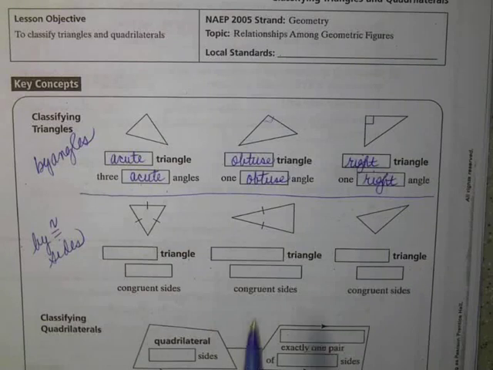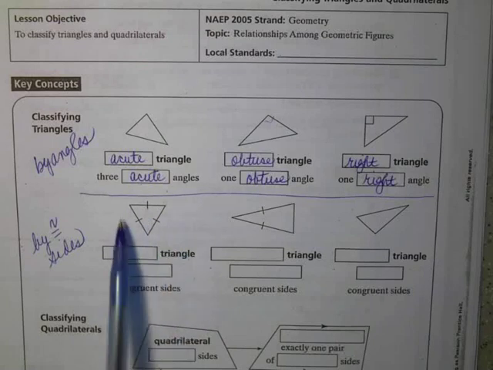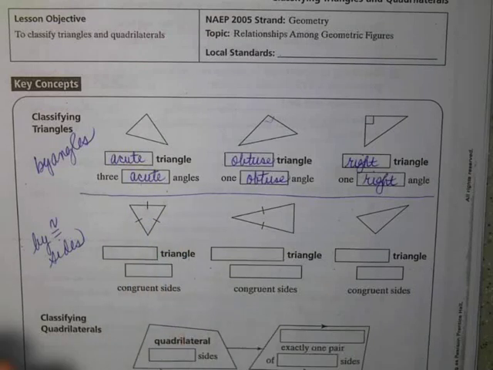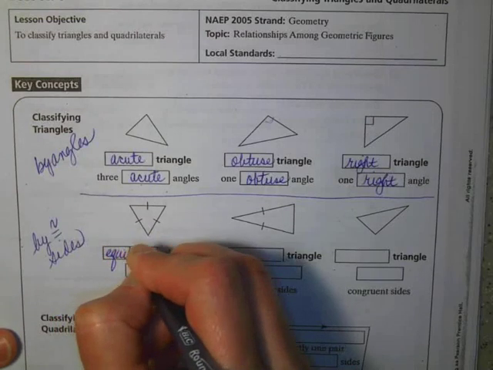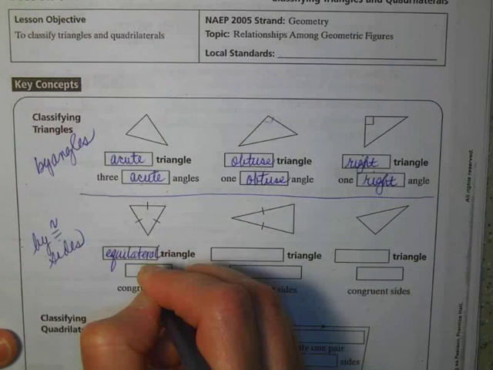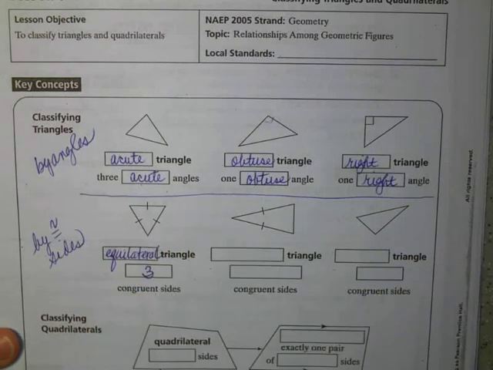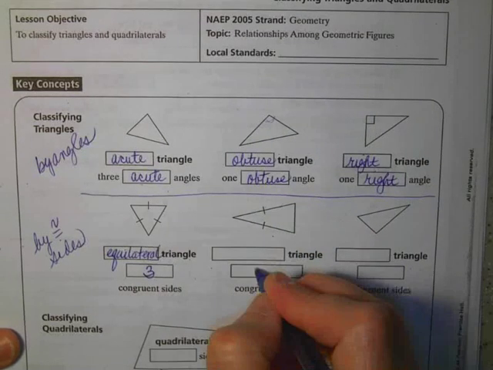by angles. By sides, we see these little hash marks again marking congruence. So this would be called an equilateral triangle, and that's because it has three congruent sides. Our second triangle has two congruent sides.